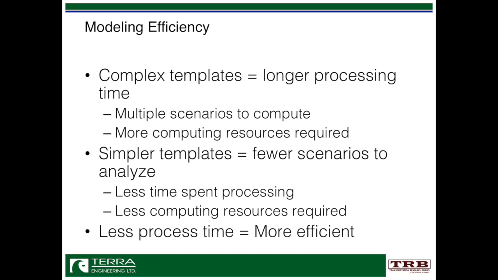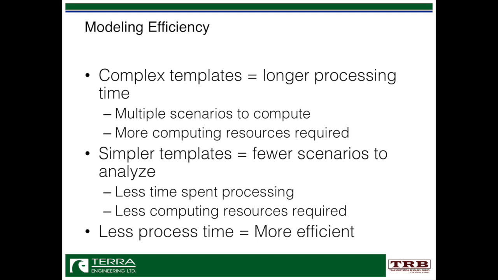Not everybody can afford 2,000 terabytes of RAM and a 400 gigabyte video card, but the complex templates require the heavy memory to make it run smooth and effective. With the simpler templates, the fewer scenarios you have to analyze, the less time spent processing and less computing resources required. Now, I've had a lot of people saying, well, okay, you got 3,000 corridors with simple templates.